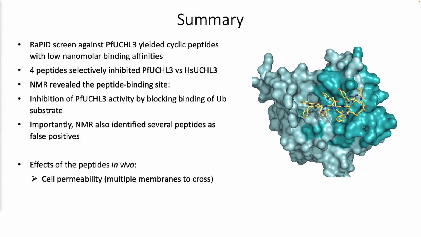Peptides always have to be cell permeable, but in the case of malaria, there's a number of membranes to cross. So the peptides have to cross the membrane of the cell it's infecting, the parasite vacuole, that's the membrane inside the cell to protect it, and then the parasite cell membrane. So this is a big challenge, but we hope that with the use of unnatural amino acids, it might be possible.